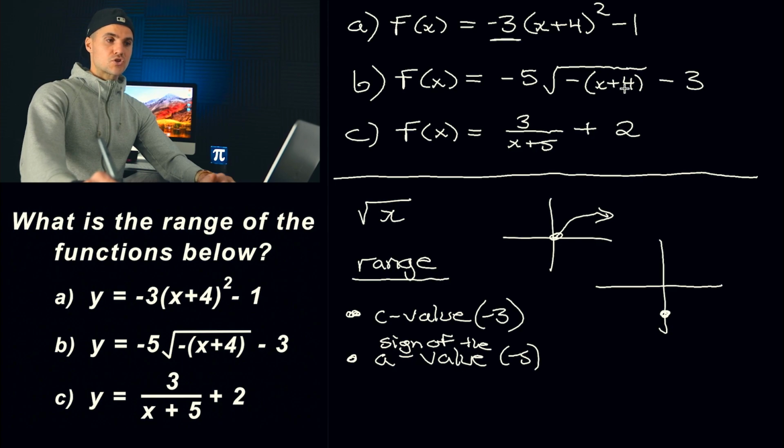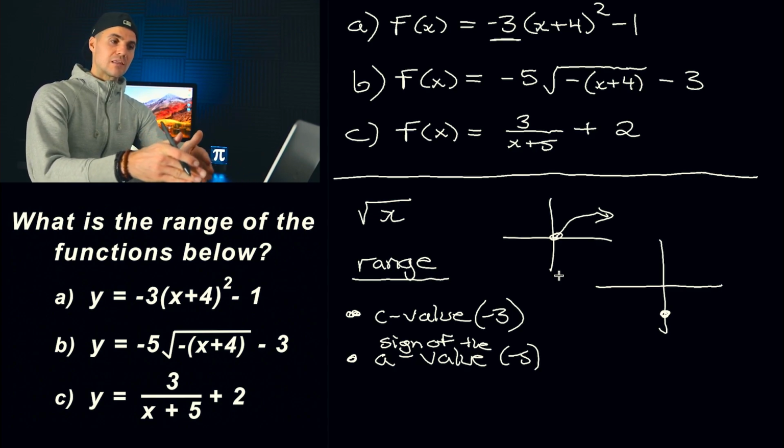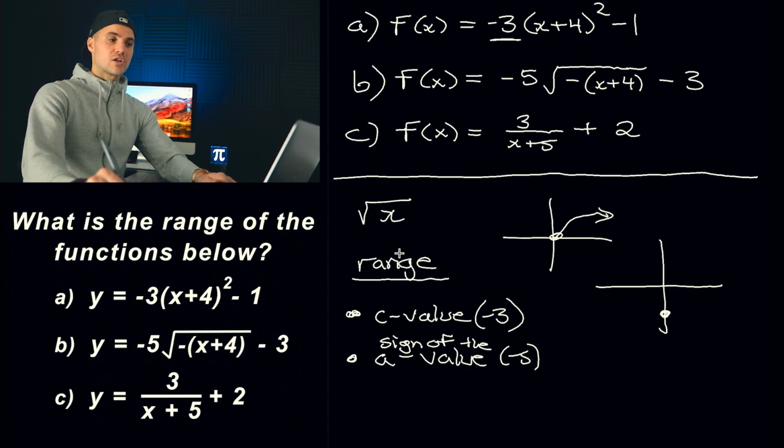Now I know it's also been translated 4 units to the left, but as I mentioned with the quadratic, the horizontal translations don't affect the range. They do affect the domain for a square root function, but they don't affect the range.